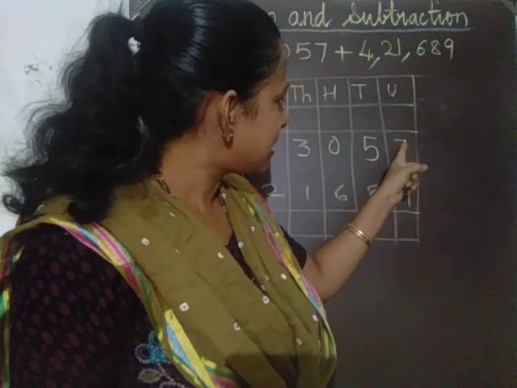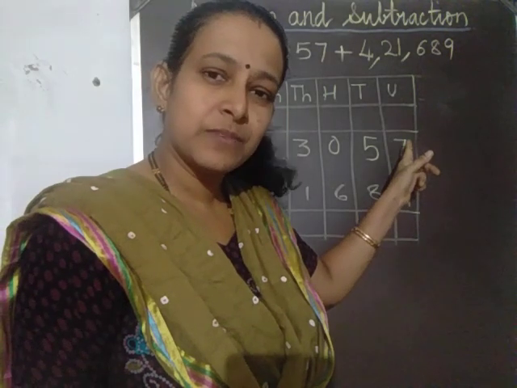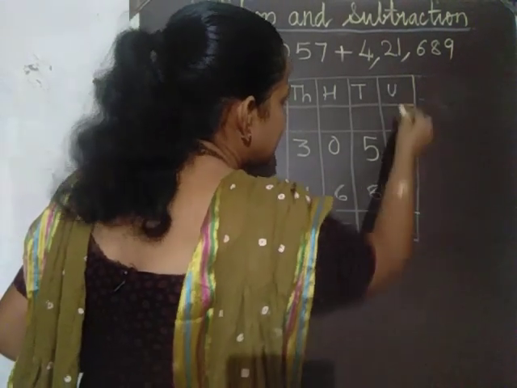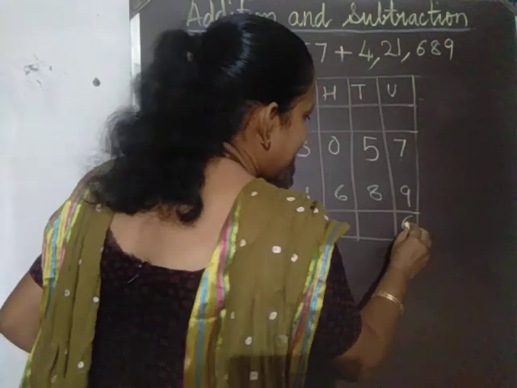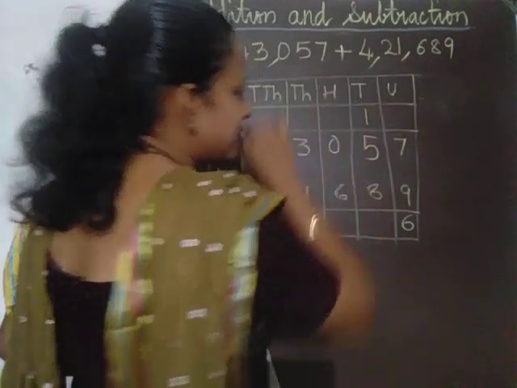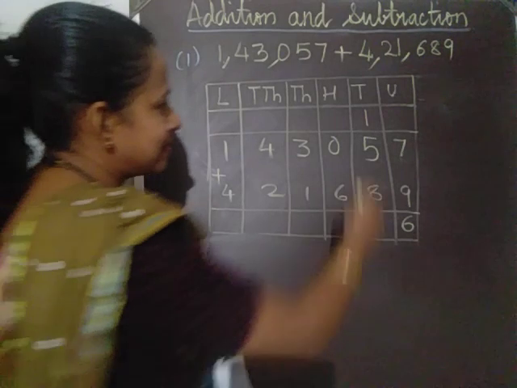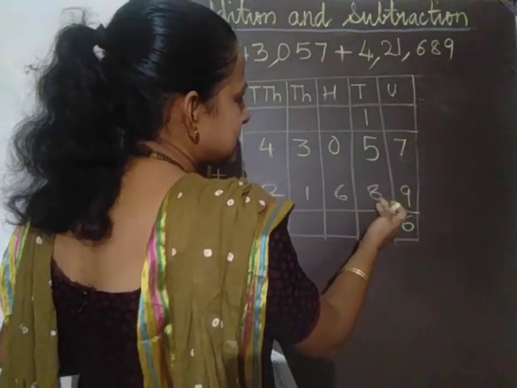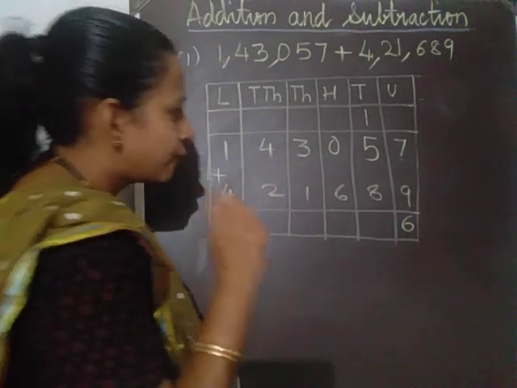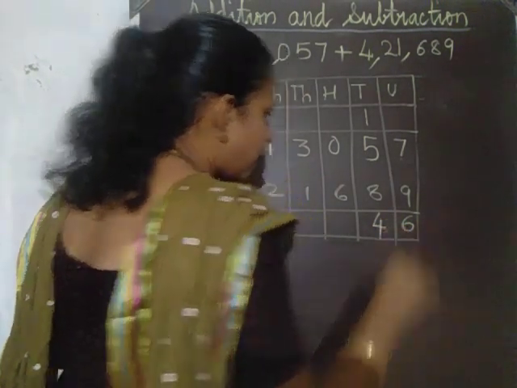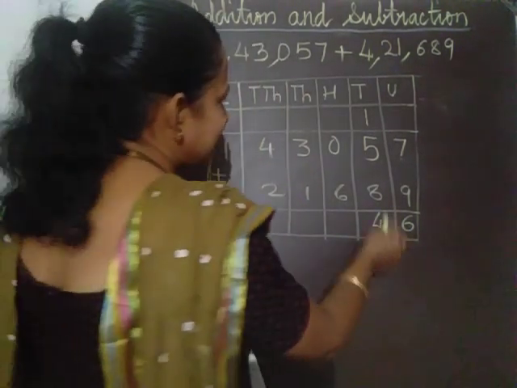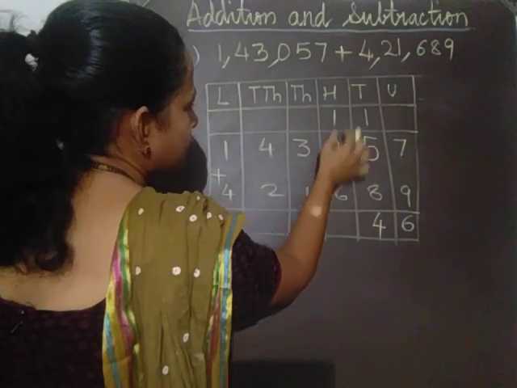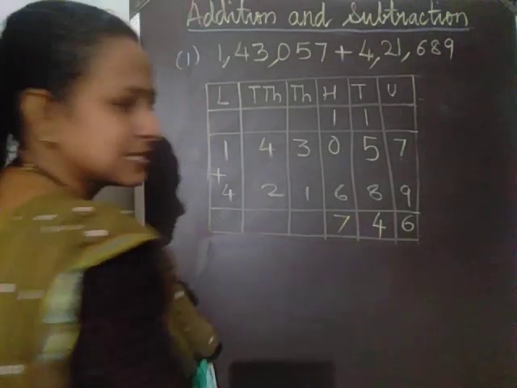So 9 plus 6, if you add, many of you must be knowing that is nothing but 16. So 16, that means units place 6 will come and in tens place 1 is carried over here. Now we can add again. 5 plus 1 is 6. 6 plus 8 is equal to 14. So 4 here and carry 1 again here up. Now 6 plus 0 plus 1 is nothing but 7.